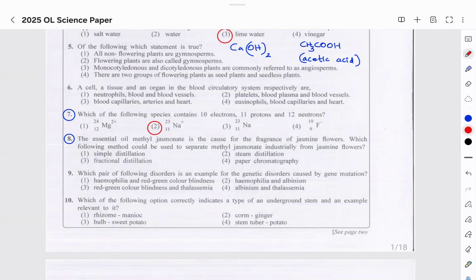Steam distillation. So you have learned about this steam distillation, right? Fractional distillation, chromatography, vaporization, simple distillation. So these things are under unit number 3, under the mixtures. So let me discuss this process a little bit. It's a small process.